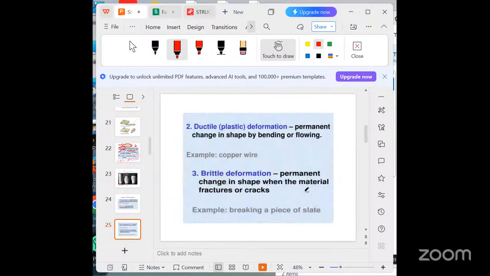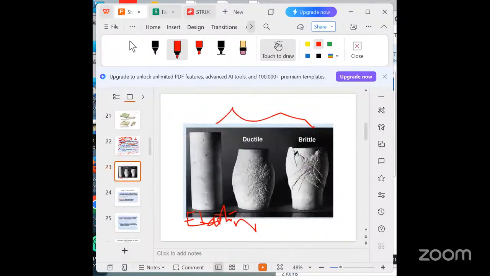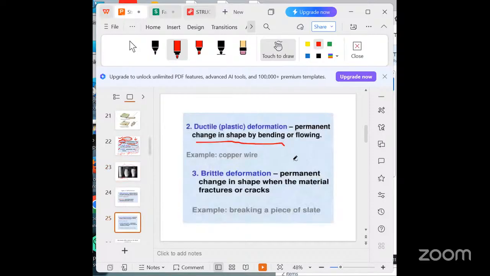Ductile is a permanent change in shape by bending or flowing. An example is copper wire.